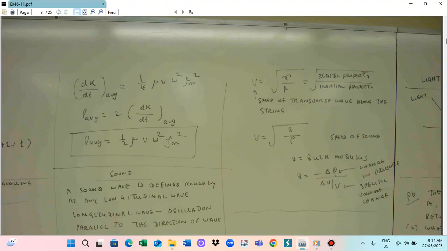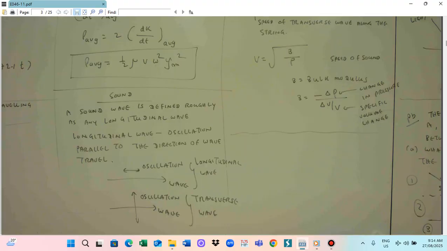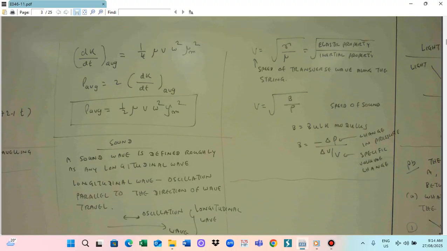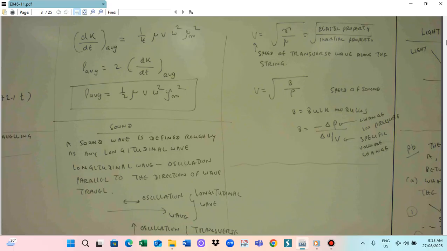Then you can calculate the rho. In this equation, P is the pressure. So the sound wave velocity depends on the pressure of the region through which the sound waves are passing, and also the volume of the region through which the sound waves are passing.